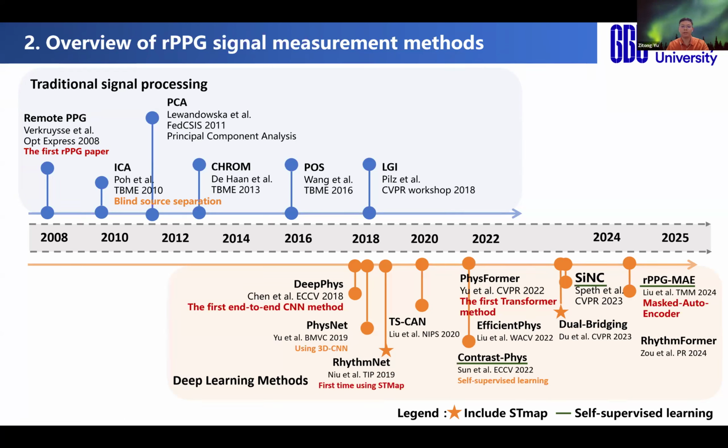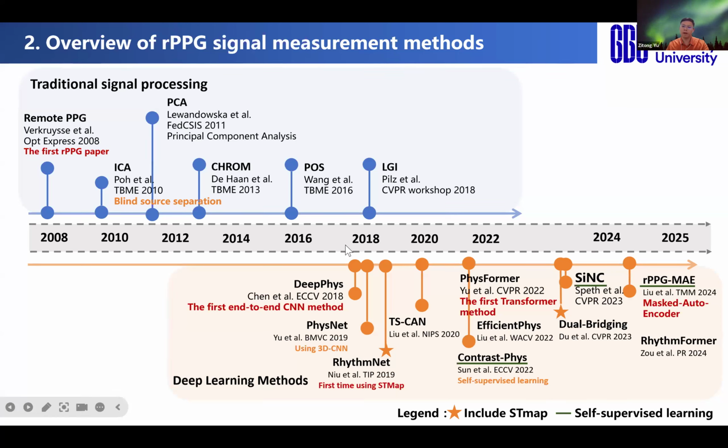They leverage rich spatial temporal information for robust rPPG measurement. Besides these end-to-end methods, a few groups also use a spatial temporal map, called ST map, for rPPG estimation.